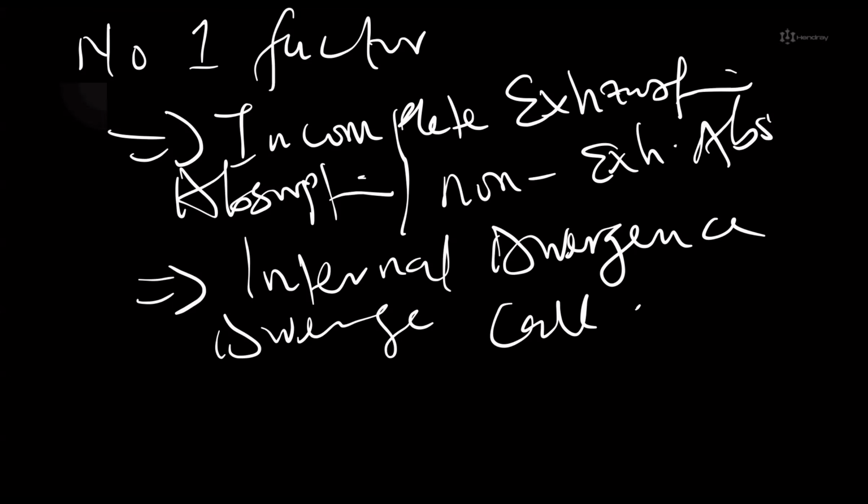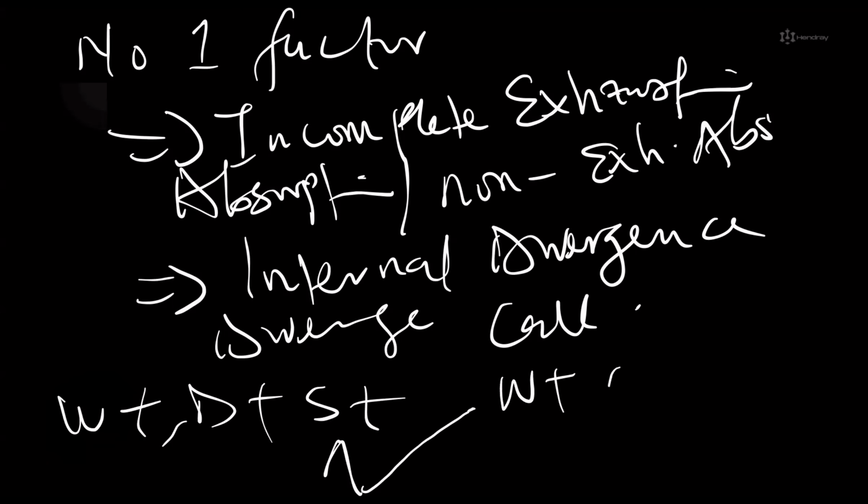What is calling price? That is number one thing. And remember, it is the opposite of exhaustion absorption, which means you could have all of them. In that case, if I have W plus, D plus, S plus on the passive, my aggressor can also be W plus, D plus, S plus. It is an opposite, and yet that is telling me that price should sell, because it is the opposite of exhaustion absorption.